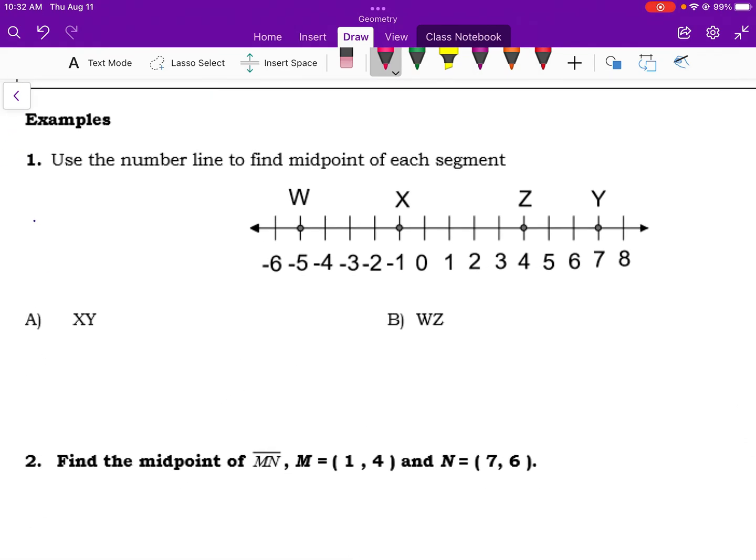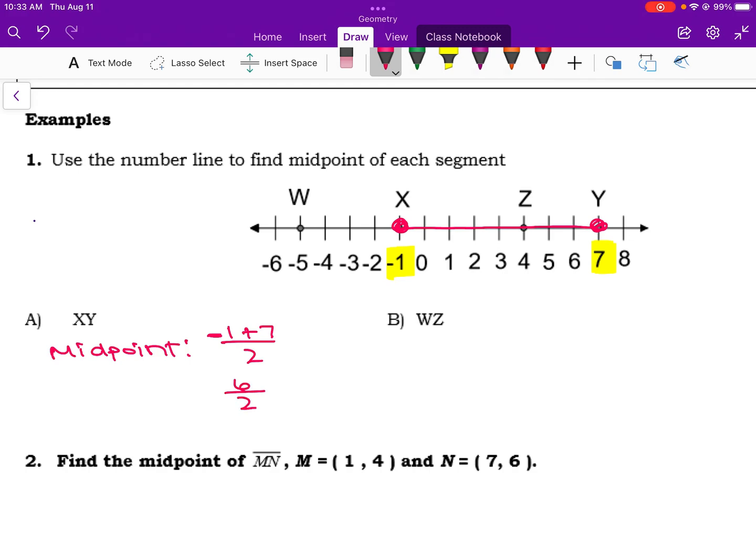So let's see how this would work on a number line. If we want to find the midpoint of XY, XY is linking x and y here. This is the actual line segment. I want to find the midpoint. Notice that x is at -1, y is located at 7. So again, I'm taking the average of these points. So we could say that the midpoint is just -1 plus 7 divided by 2.